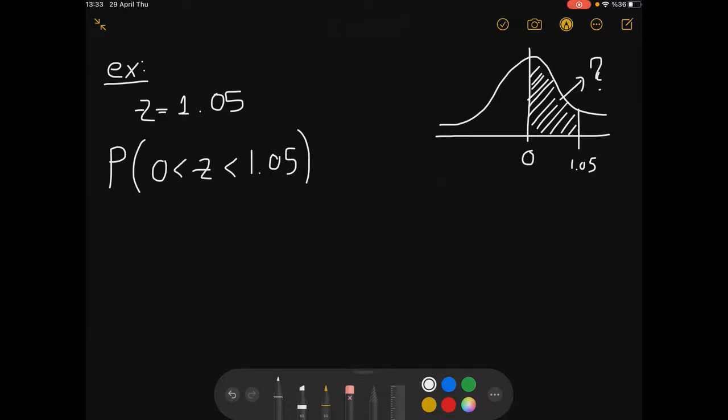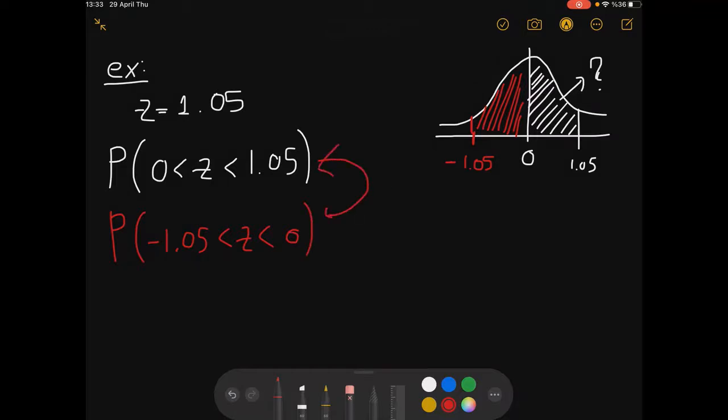So, look at me now, and just look at this part, minus 1.05 here. If I want to calculate the area under this curve here, would that be equal to this one, minus 1.05 with respect to this one?